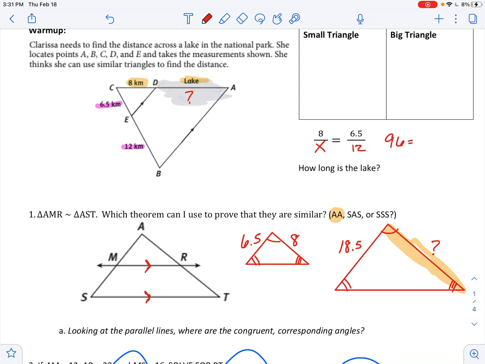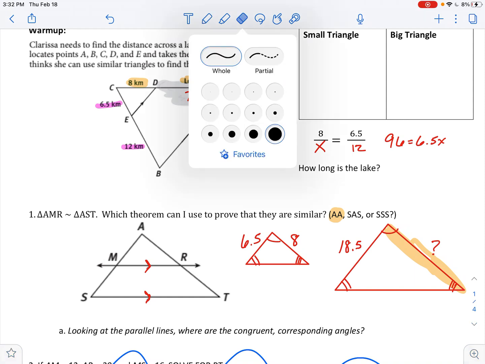So 96 equals 6.5x. I'm not sure what that would be. Give me a second. 14.77. So that would be 14.77 kilometers wide. It looks like if I cross multiplied and solved.